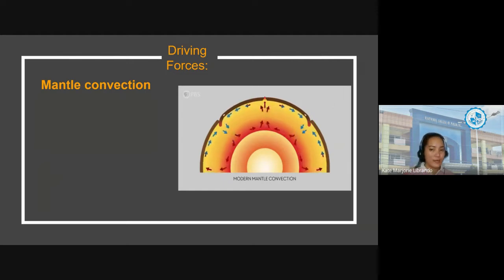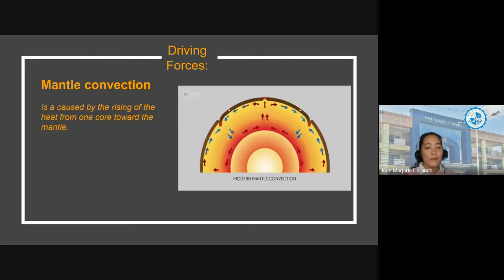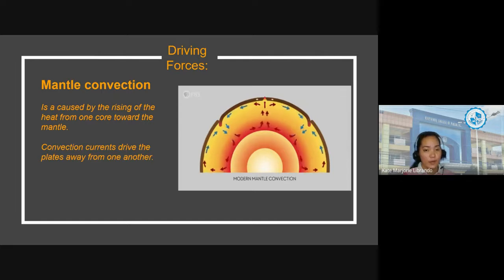We have discussed this from the very start, right? Mantle convection is caused by the rising of heat from the core toward the mantle, and convection currents drive the plates away from one another, as heat dissipates and creates a convection current.